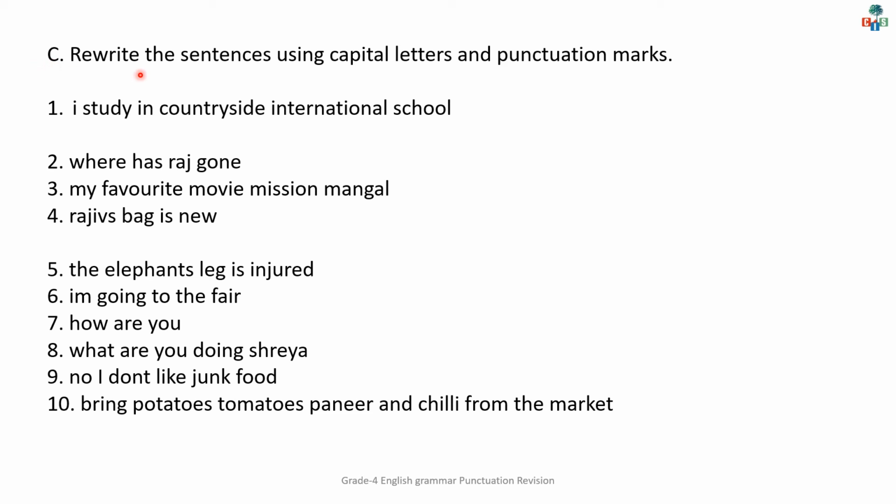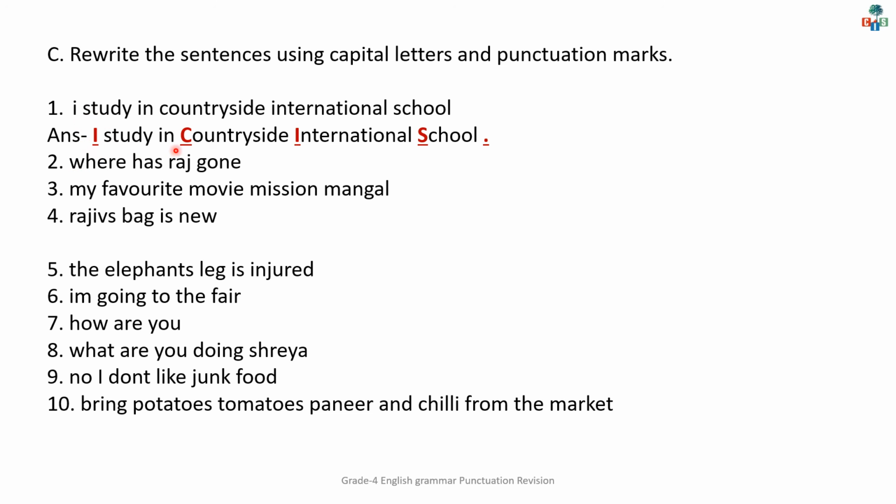Exercise C. Rewrite these sentences using capital letters and punctuation marks. Number 1. I study in Countryside International School. Yes, children. Remember this thing that every sentence should begin with a capital letter. Here, I is in small letter. Let's see the answer. I. Make it capital.